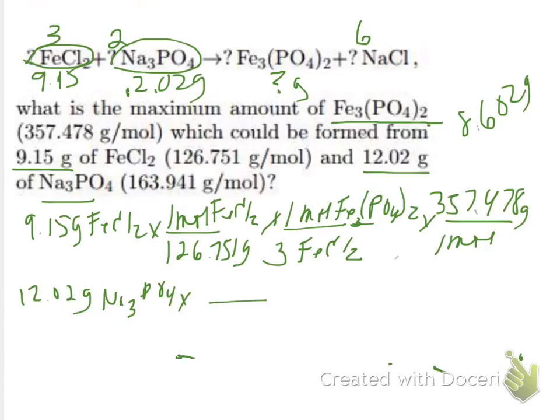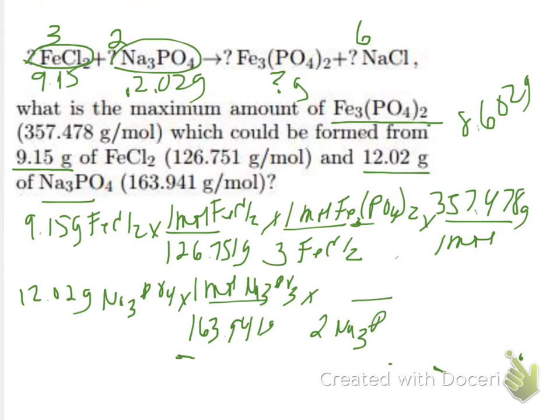Then I'm going to do exactly the same thing with my 12.02 grams of sodium phosphate. And what I'm told is the molar mass is 163.941 grams, is 1 mole of sodium phosphate. And the balanced equation tells me I have 2 sodium phosphates for every 1 iron 2 phosphate.